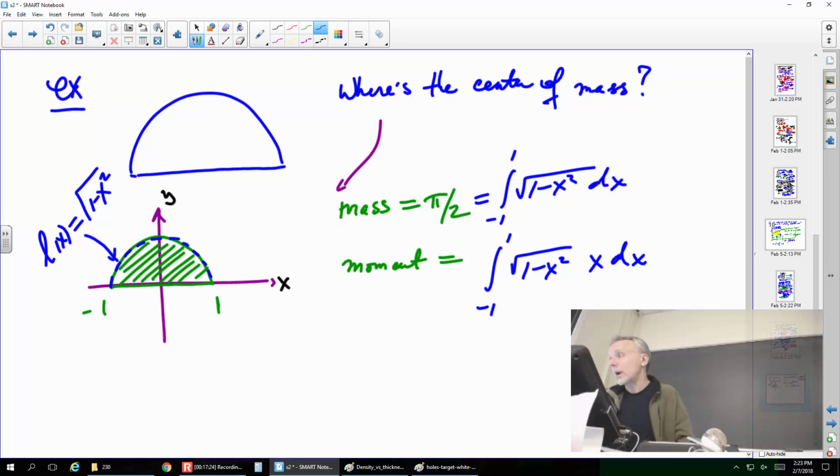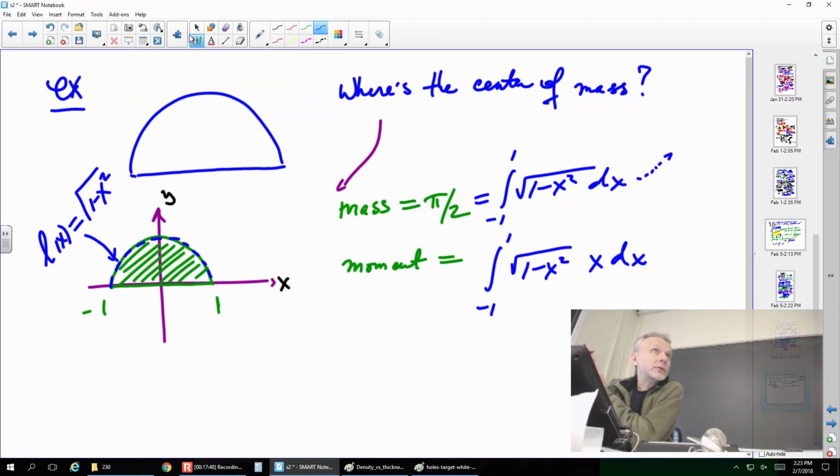Incidentally, do you remember how we found that integral, the first one?